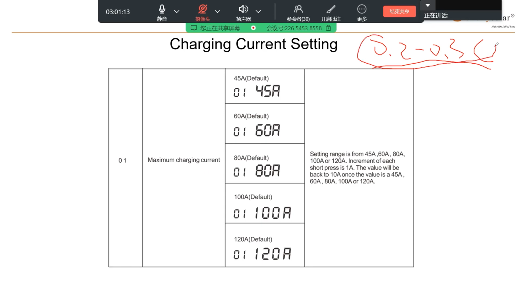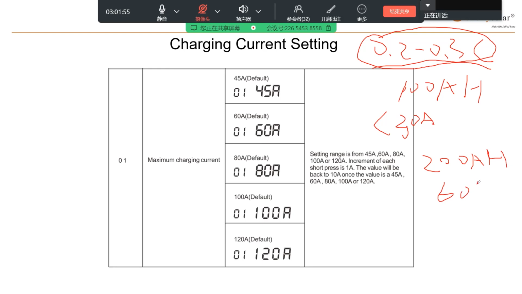If your battery group is only 100 amp-hours, we recommend that if you want your battery life to be longer, it's better to control the charging and discharging current to less than 30 amps. If it's a 200 amp-hour battery group, you need to control it to less than 60 amps.